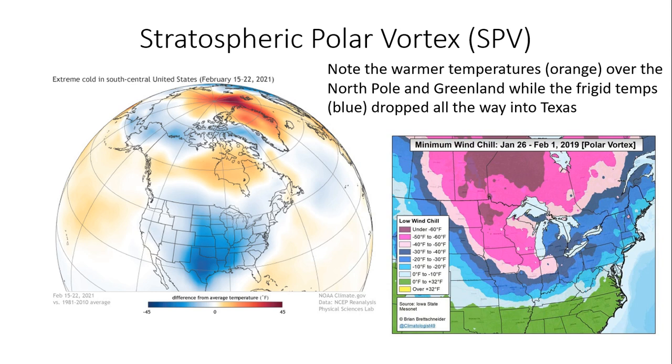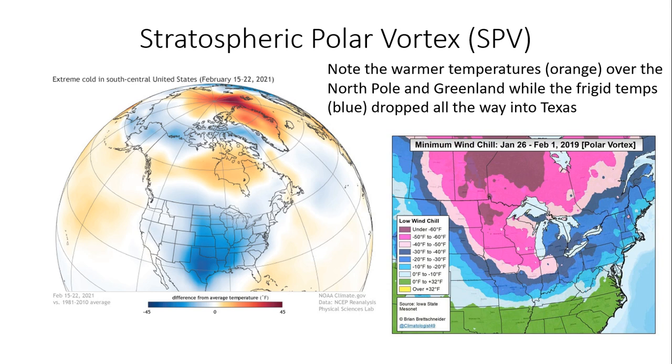We're talking about temperatures on the order of 30 to 40 degrees Fahrenheit below normal in Texas during this episode, where the stratospheric polar vortex collapsed. Look at the orange shading in that graphic over the North Pole. Look how above normal those temperatures are above the North Pole as well as parts of Greenland, and how much colder than normal it is in the United States.